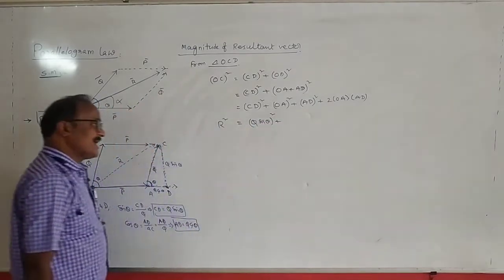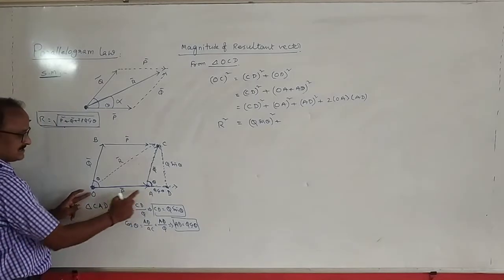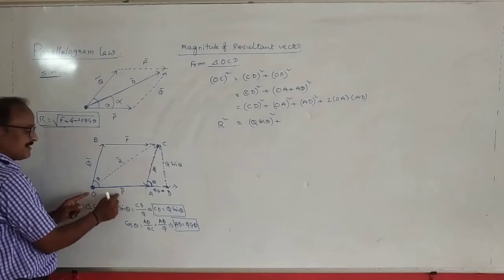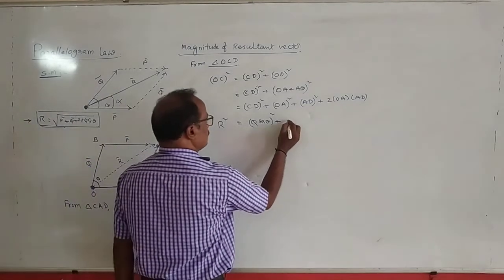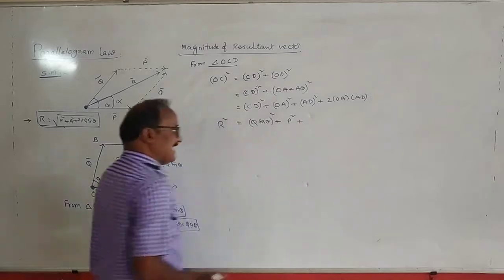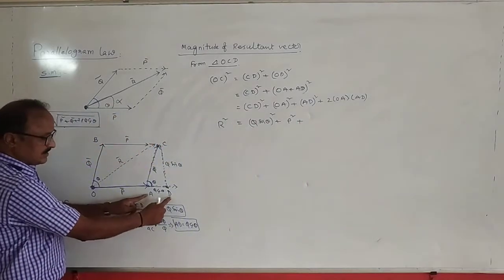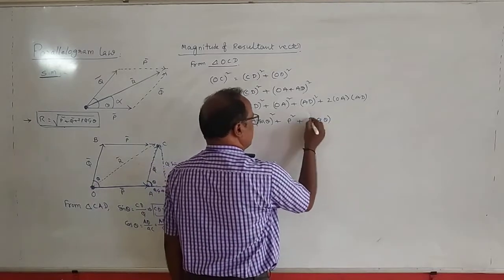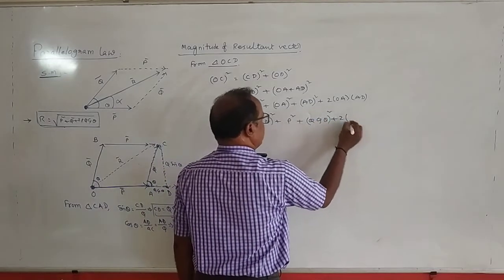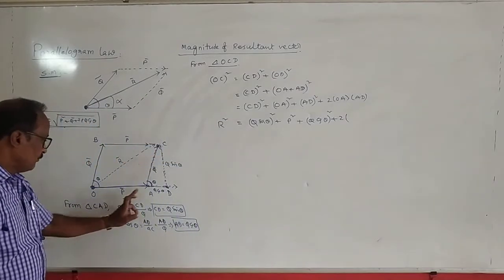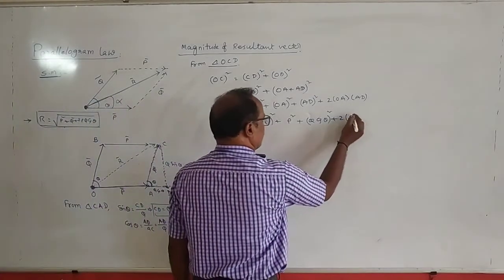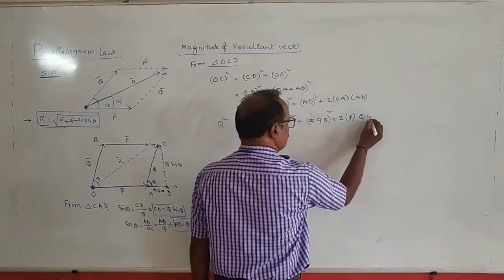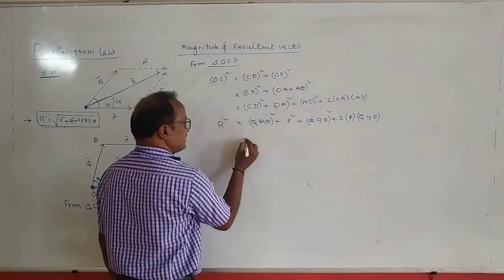OA bar is equal to P bar, the magnitude of OA means P. And AD is equal to Q cos theta, so Q cos theta whole square plus 2 into P into Q cos theta.